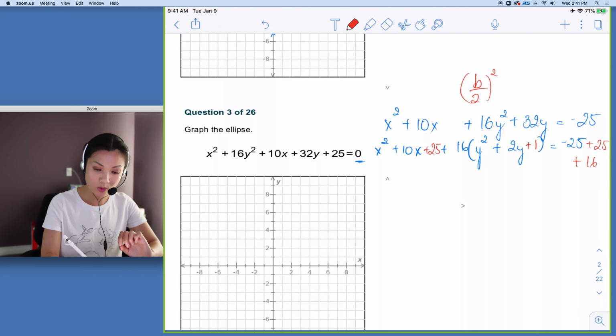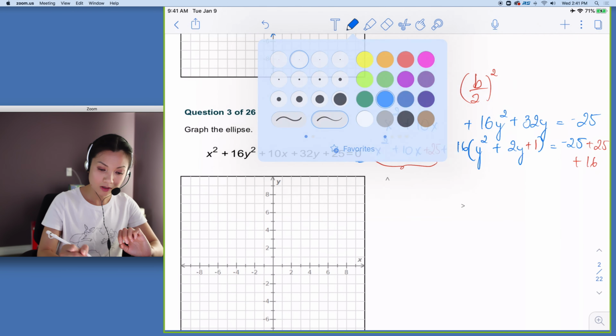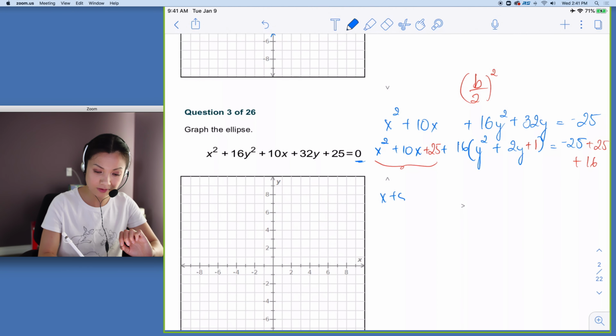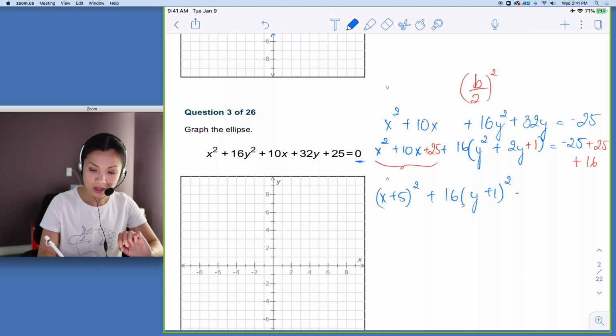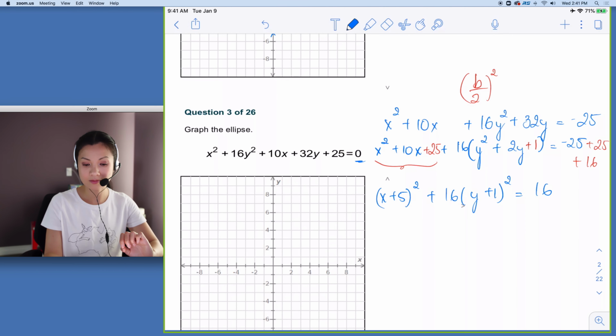So now we're going to factor. What I have is (x + 5) squared plus 16 times (y + 1) squared equals 16. Now you see that we do not have 1. So what can I do?